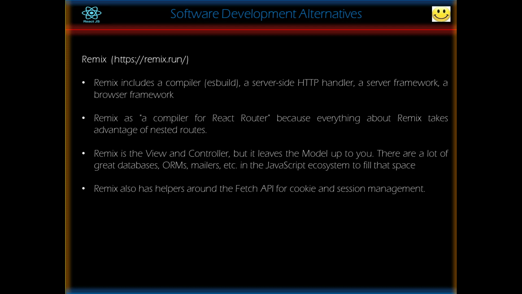Remix is the view and controller, but it leaves the model up to you. There are a lot of great databases, ORMs, mailers, etc. in the JavaScript ecosystem to fill that space. Remix also has helpers around the Fetch API for cookie and session management.